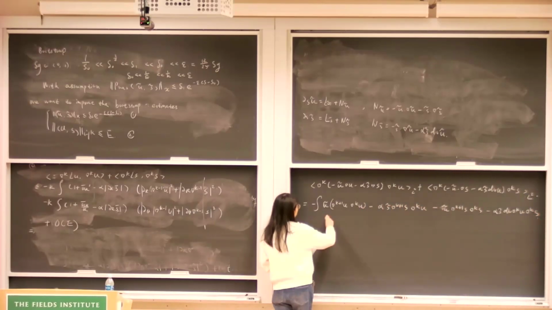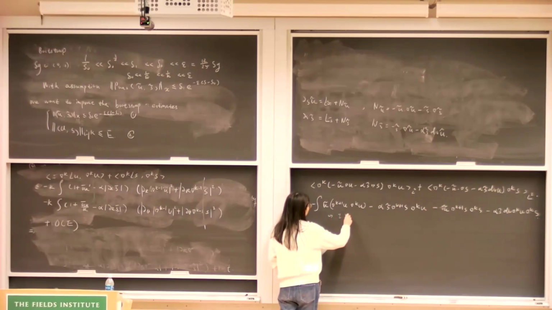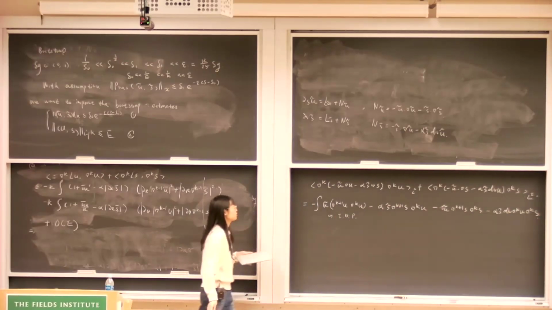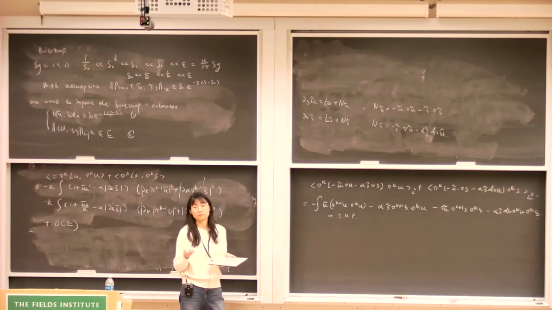So those are just integration by parts, and it will give you the bounded terms, some capital O of E.